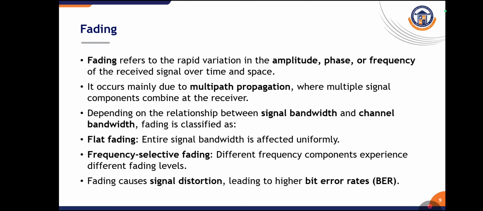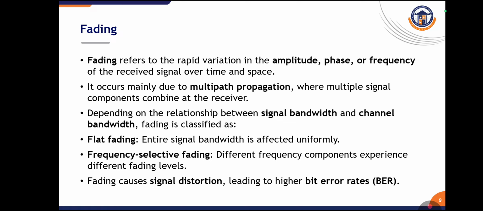And next one, there is fading. Fading refers to the rapid variations in amplitude, phase or frequency of the received signal over time and space. It occurs mainly due to multipath propagation, where multiple signal components combine at the receiver.